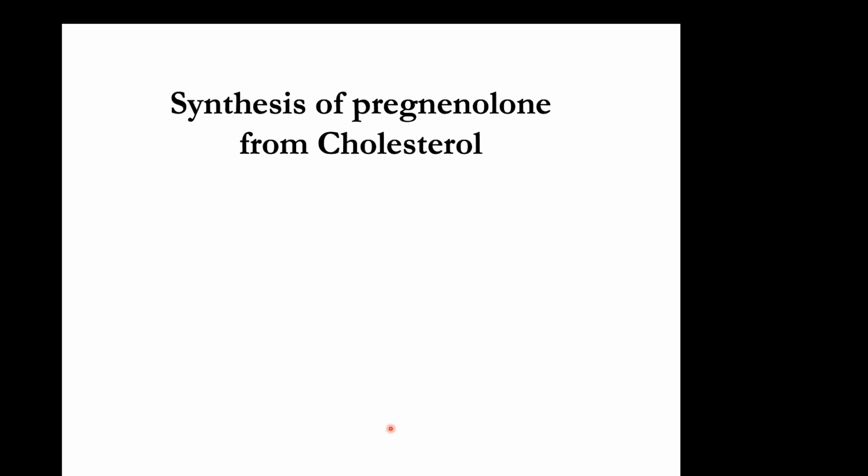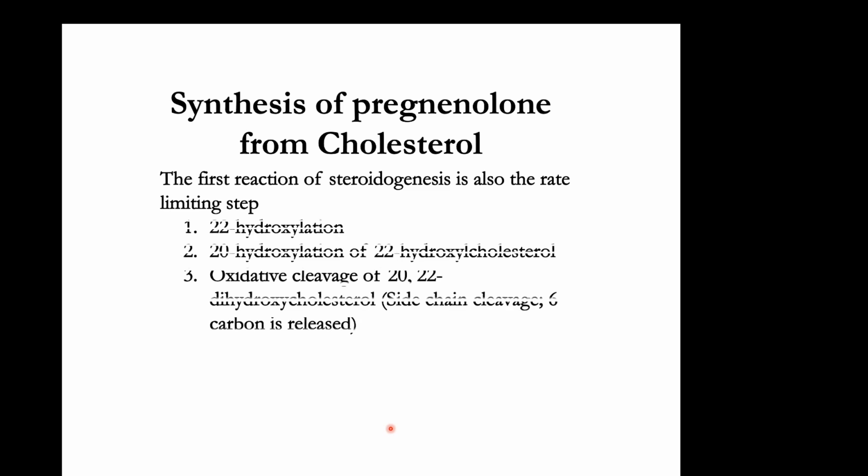However, this reaction takes place in 3 different sub-steps. The first step is the 22 hydroxylation of cholesterol, and the second step is the 20 hydroxylation of 22 hydroxycholesterol, and then oxidative cleavage of 20-22 dihydroxycholesterol, and that leads to cleavage, or taking out, of the 6 carbon from the cholesterol.